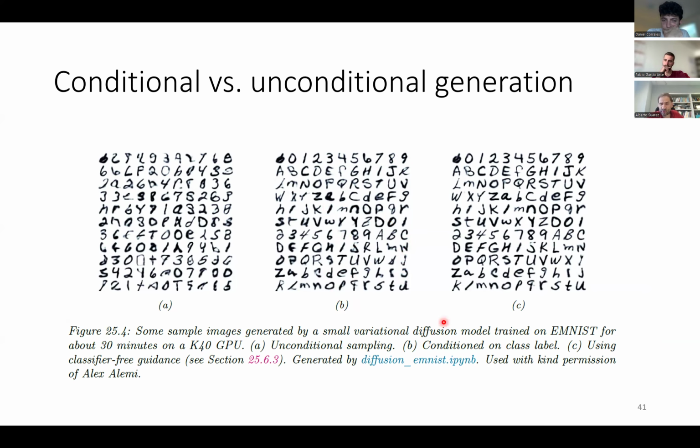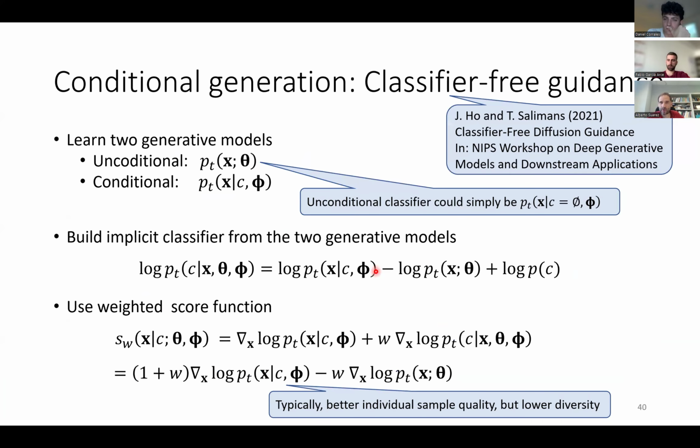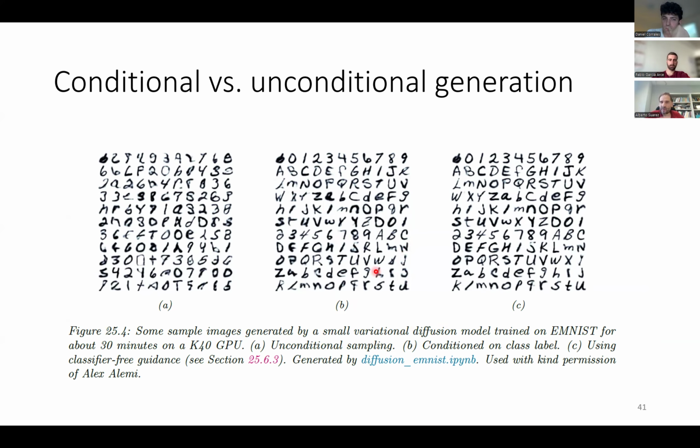Of course, there's the cost of how you do the conditioning, either based on a classifier with classifier guidance or classifier free, etc. This is, for instance, directly conditioning on the class label. The disadvantage of directly conditioning on the class label is that you have to train a different model for each class label: one model for the ones, one model for the twos, one model for the threes, etc. That's costly.